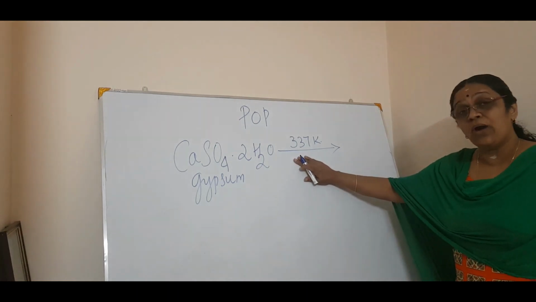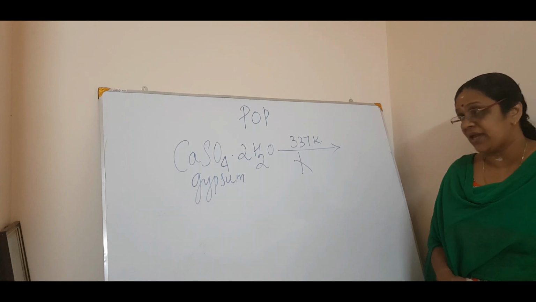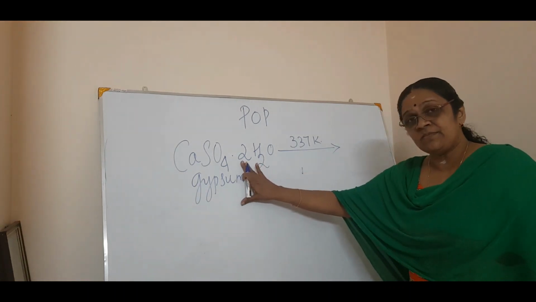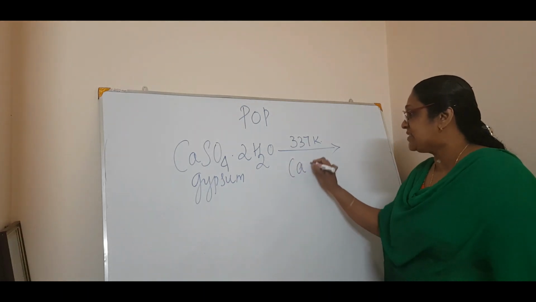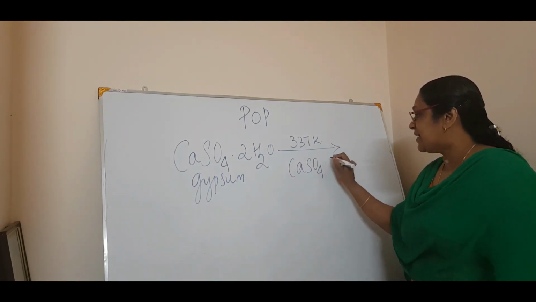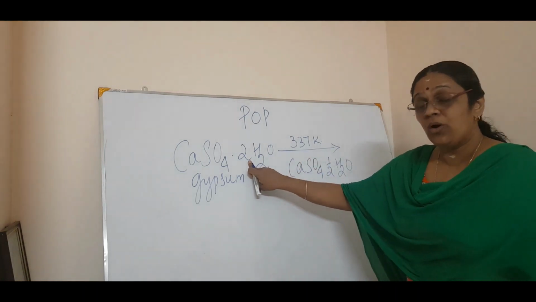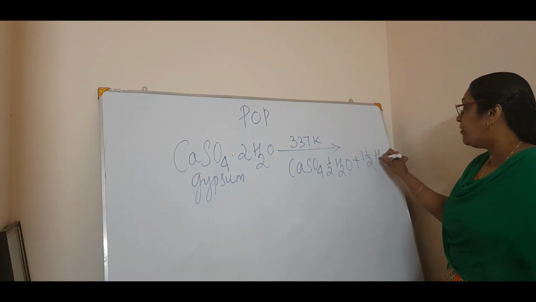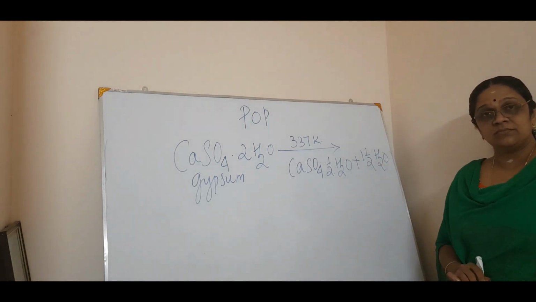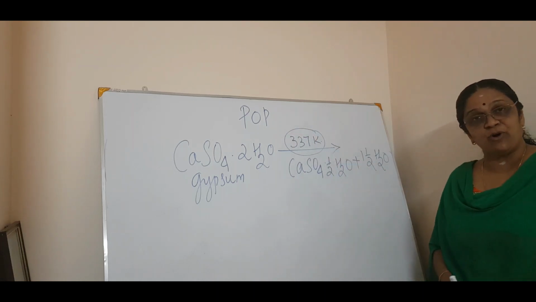You have to write it on the arrow, otherwise you will lose marks, definitely. So when gypsum is heated at 337 Kelvin, you will get plaster of Paris. What is plaster of Paris? Calcium sulfate dot half H2O. Now see, from 2 H2O, when half H2O is removed, what remains is 1.5 H2O. You have to write this formula with this temperature, very important.